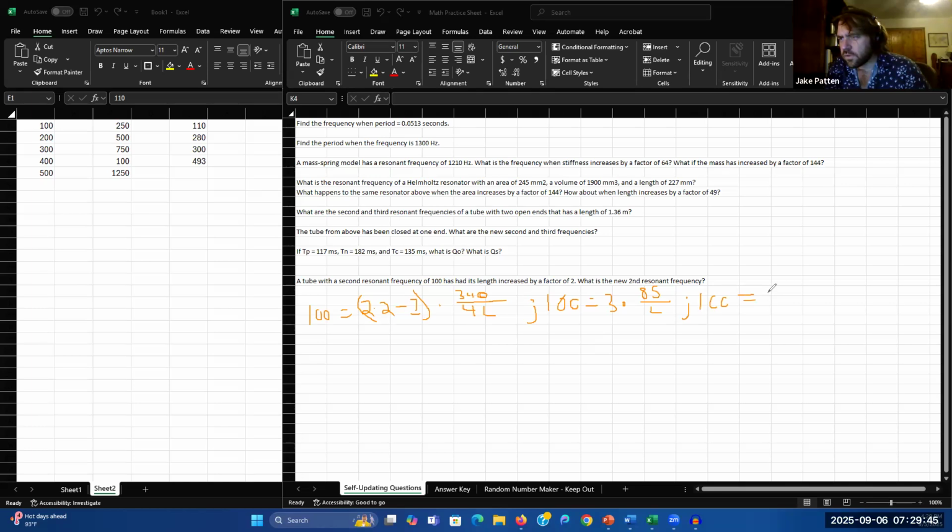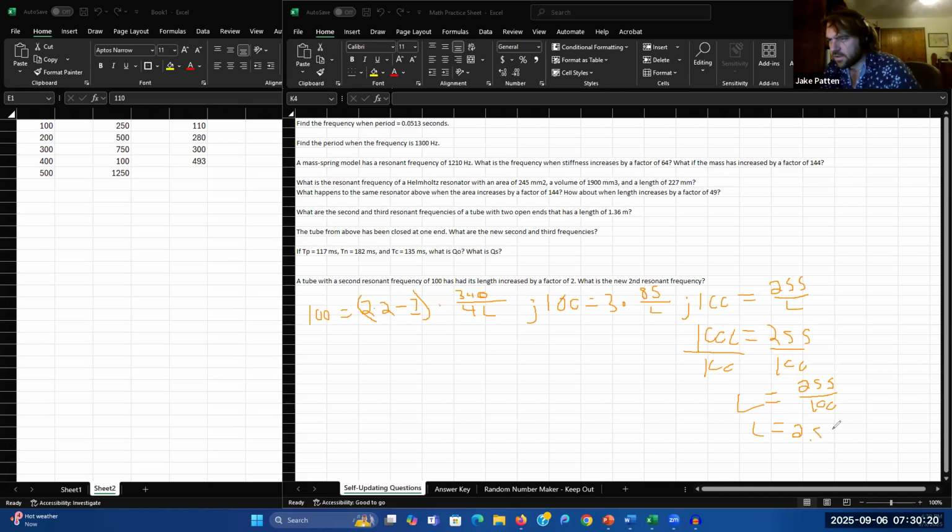So 100 equals 255 over L. Multiply both sides by L. 100L equals 255. Divide this side by 100 and this side by 100. You get L equals 255 over 100, which is 2.55.